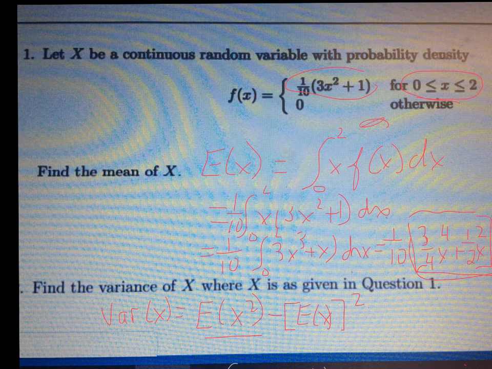And so if you go through the same steps that we did in the first one, then you'll end up with your E of x squared, okay? And you're just going to subtract those two again between x equals 0 and x equals 2. You're going to evaluate to actually find a numerical value for the variance.